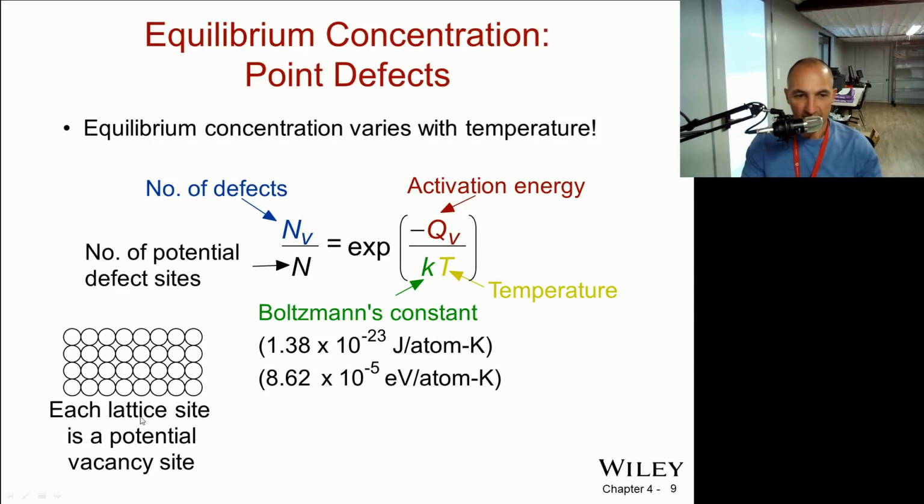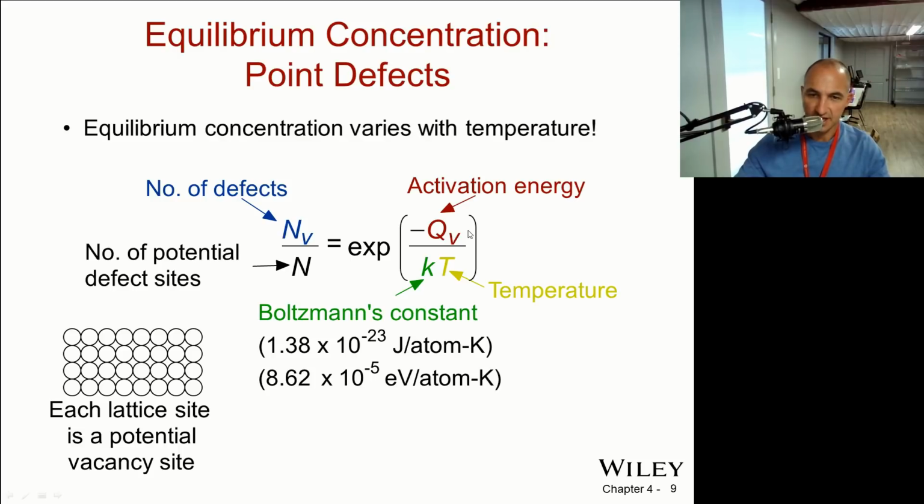Each lattice site is a potential vacancy site. And it's related to e to the negative Q_V over kT. Q is the activation energy, and T is in Kelvin.